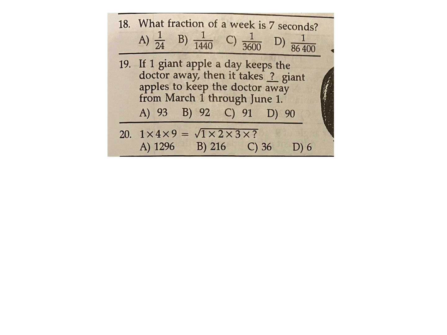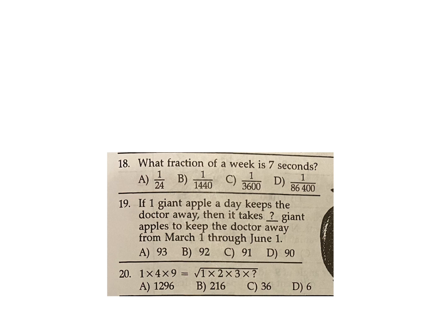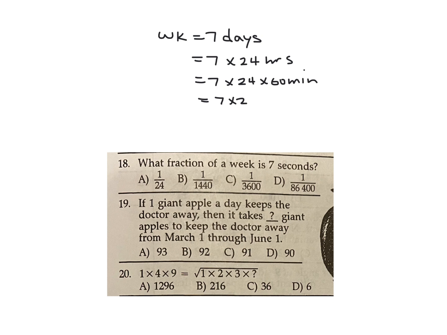What fraction of a week is 7 seconds? Aha, okay. So a week is 7 days, right? And 7 days would be 7 times 24 hours. Then 7 times 24 times 60 minutes. And then finally 7 times 24 times 60 times 60 seconds.